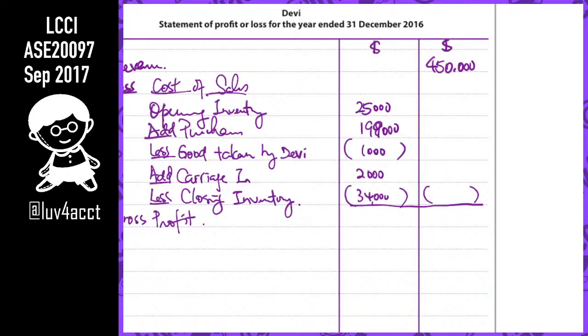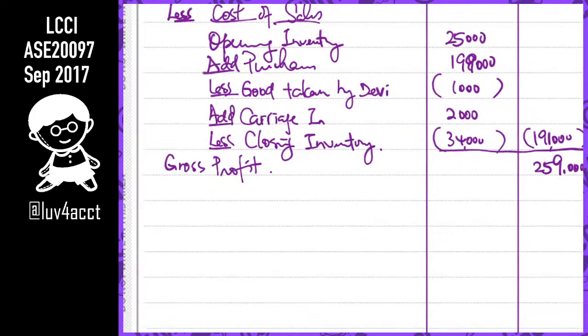Yes, 25, 199 minus 1 plus 2 minus 34, we have 191,000. And 450 minus 191, gross profit 259,000.